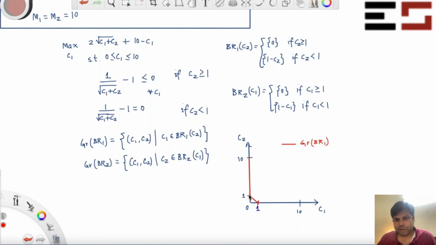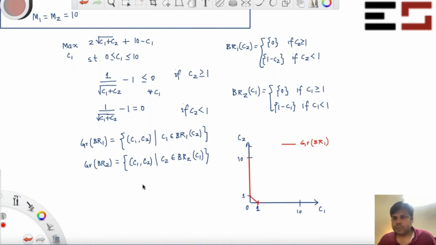For each of these values of C2 between 1 and 10, I have considered C1 equal to 0, so I've plotted the pairs (0, C2) such that C2 is greater than or equal to 1. That's going to give you this line. And when C2 is less than 1, you plot C1 equal to 1 minus C2, which is nothing but the line segment C1 plus C2 equal to 1, from (0, 1) to (1, 0). That's all that I've plotted.